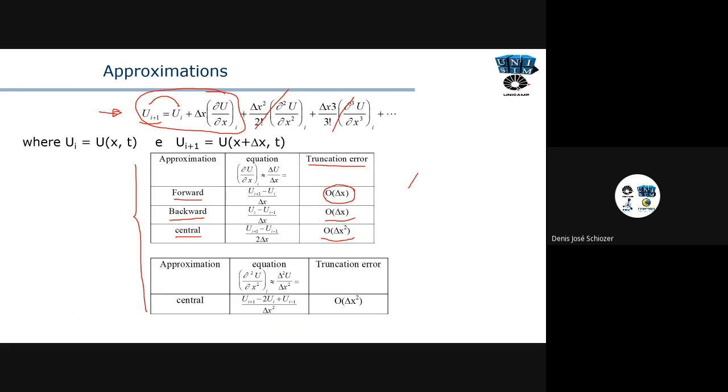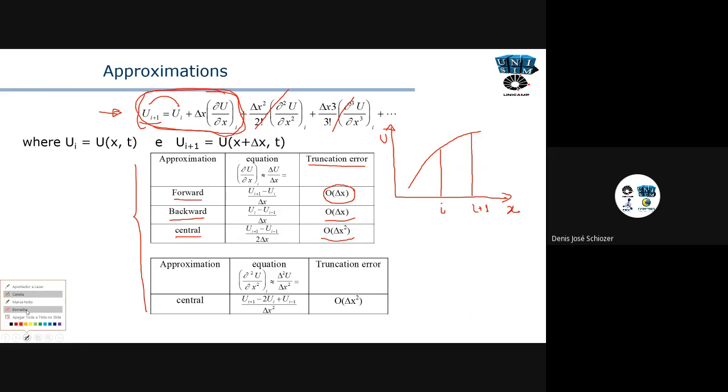Why? For example, let's assume I have a very simple equation. I have x here, and I have u here, and here is y, here is I plus 1. When I simplify the equations this way, I'm assuming that in this part I have a straight line given by this first part, the block.